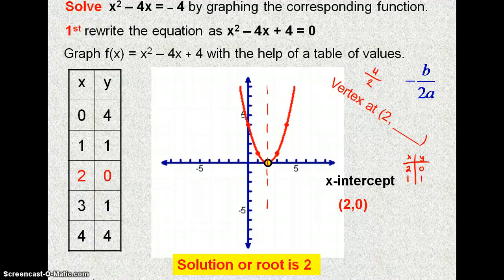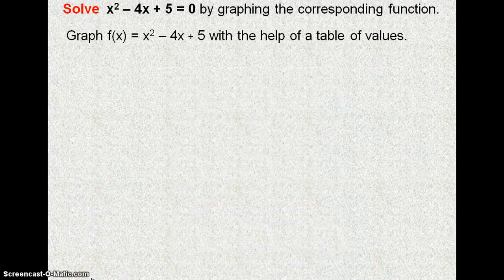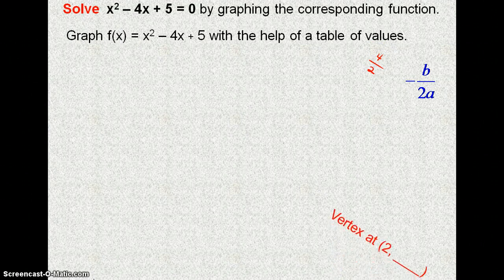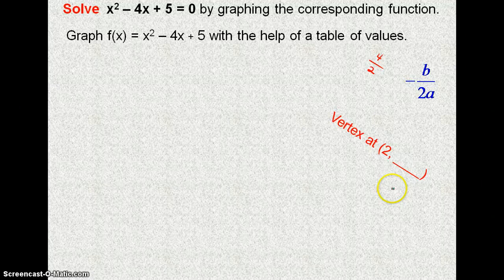Another example. X squared minus 4x plus 5 equals 0. Again, find your vertex. The opposite of B is 4 over 2, which is 2 something. So you might want to just make a little chart, or I'll put the big chart up.